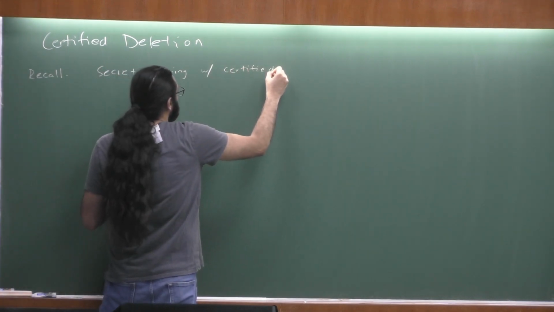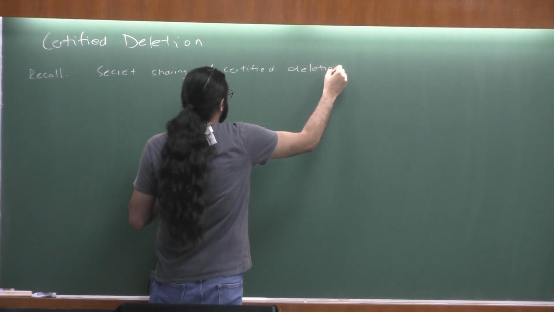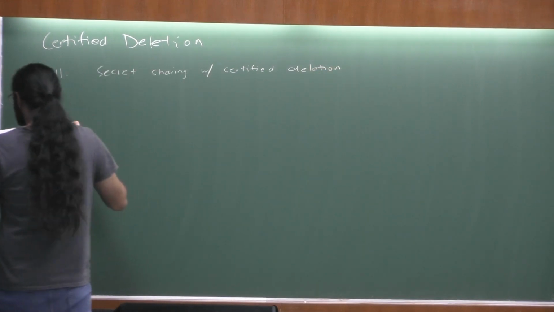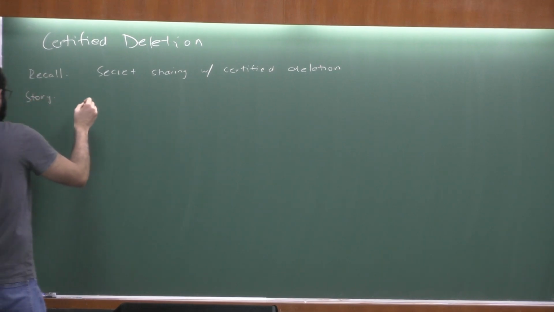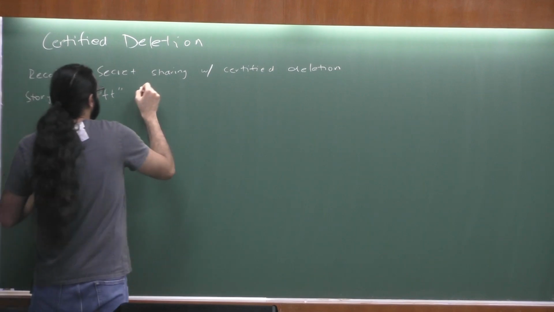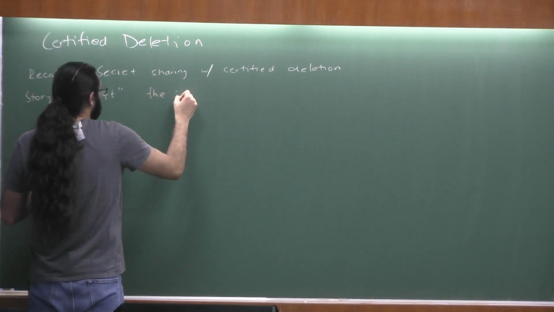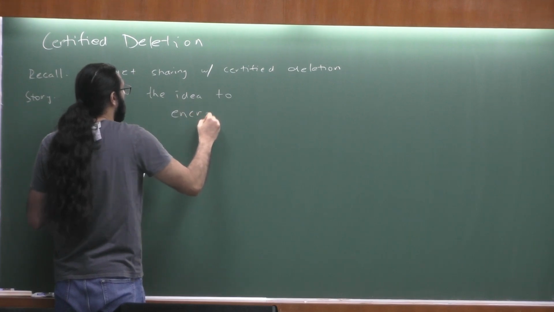So we saw the construction. We didn't prove anything, but we claimed that it works. So now what we're going to do is lift the idea to encryption with certified deletion.